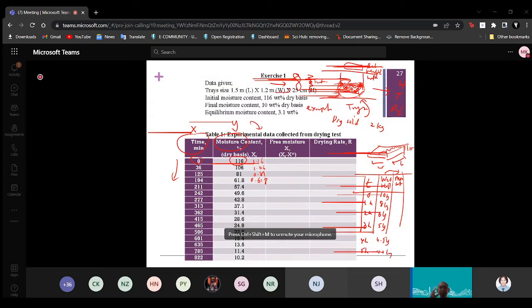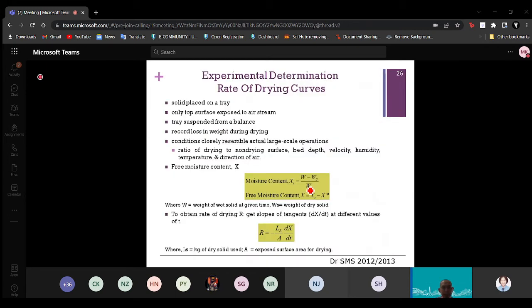Let's say, as an example to get the moisture content, the equation is as follows. Moisture content, X_t equals W, where W is the wet weight at that time, minus the dry solid weight, divided by the dry solid weight.